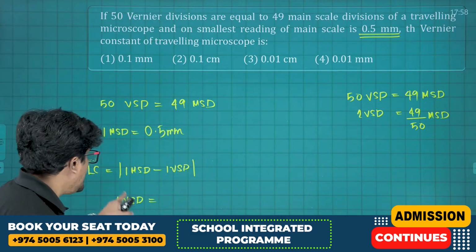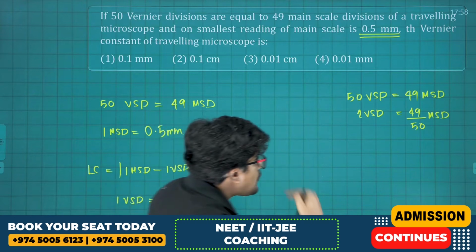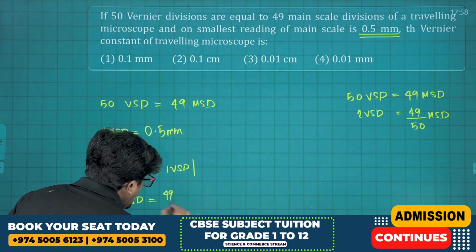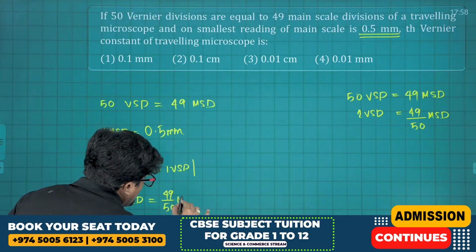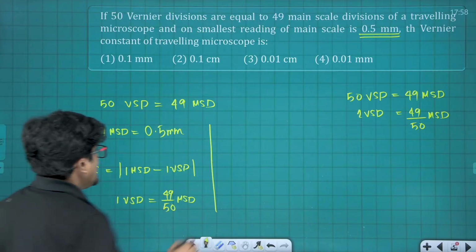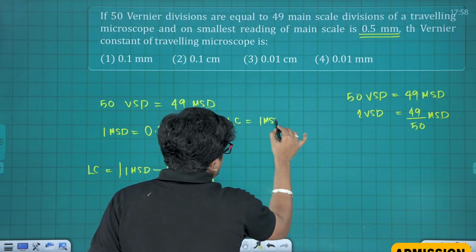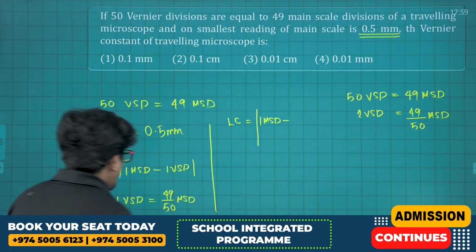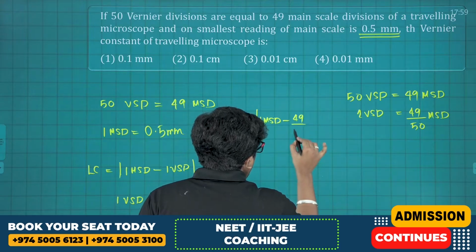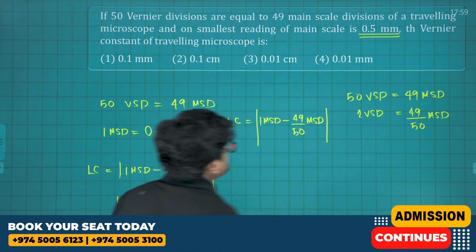So I will be considering that fact here. One Vernier scale division is equal to 49 upon 50 main scale division. So the least count is equal to one main scale division minus one VSD, which is 49 upon 50 MSD.